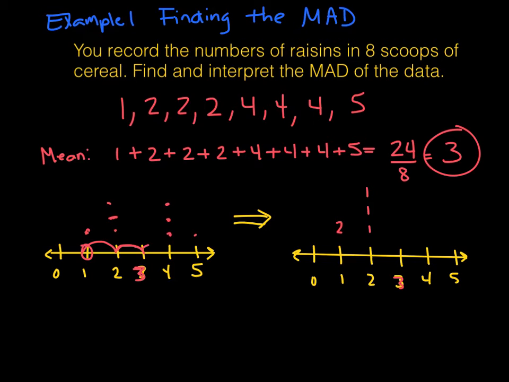How many units is 4 away from my mean? It's 1 whole unit, and there's 3 of them that I had, so I put the number 1. And then what about 5? I've got 1, 2 units from my mean, and there's only 1 5, so I put a 2 in there.